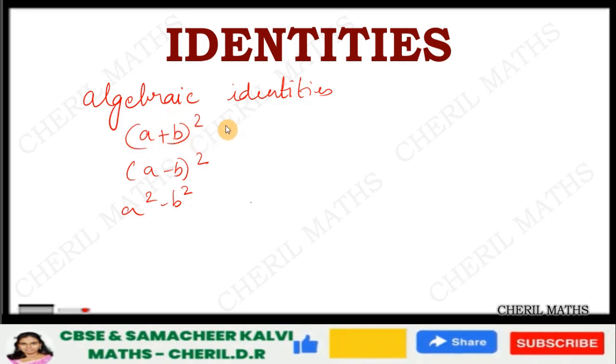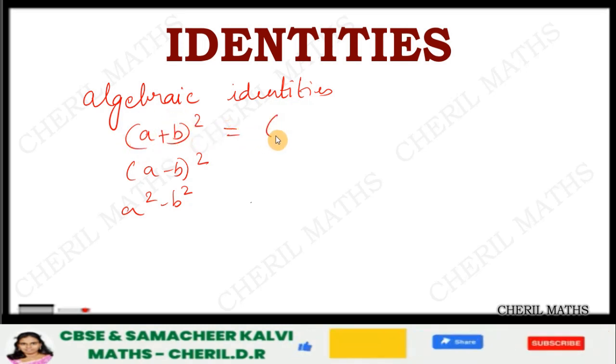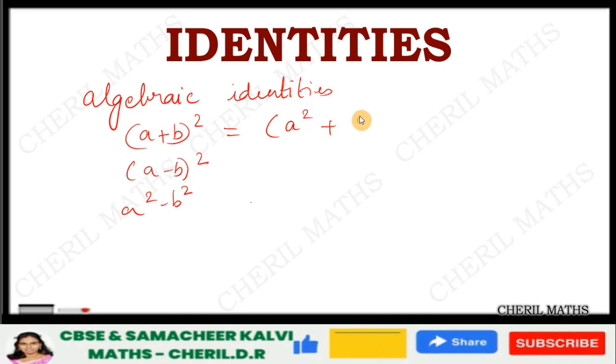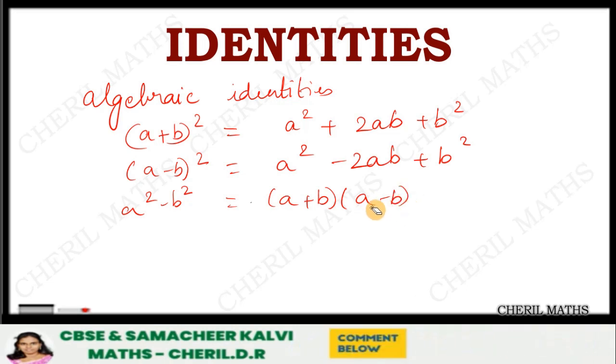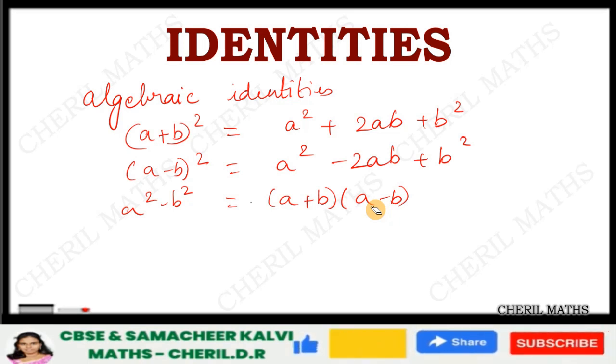So what is a plus b the whole square? It will be a square plus 2ab plus b square. And what will a minus b the whole square be? A square minus 2ab plus b square, and a square minus b square is a plus b into a minus b. So with this in mind, we are going to see certain identities one by one.